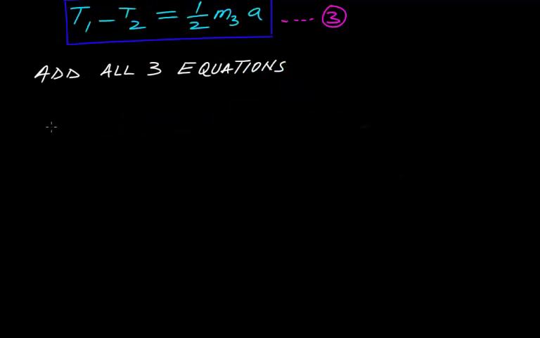By adding all three equations, you get m1g, that's from the first equation, equals m1a plus m2a plus 1/2 m3a.